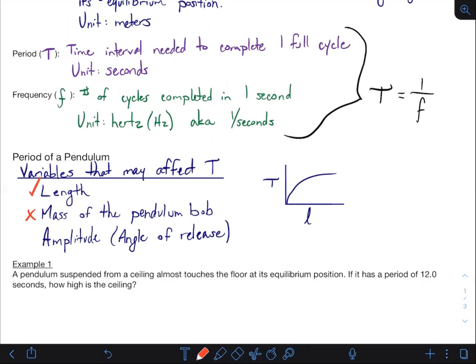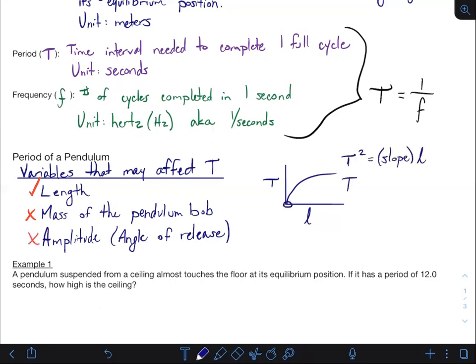And so it's from this data that we can come up with an equation that will allow us to calculate the period of a pendulum, just knowing some basic things like length. So from this data, we know that this is a y squared relationship. So we would get something like T squared is equal to some kind of slope times length. And since this is a 0, 0 y-intercept, I'm gonna leave off the plus b.